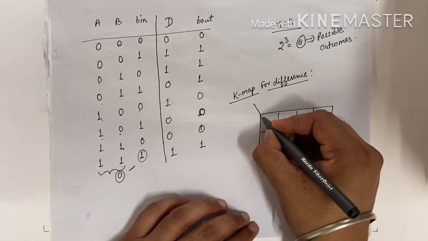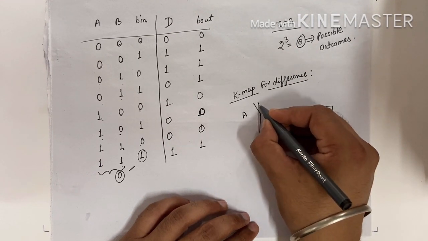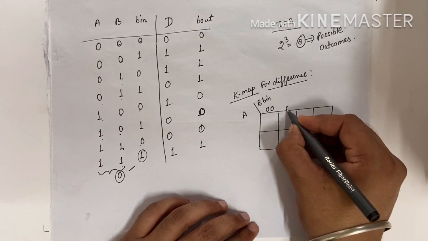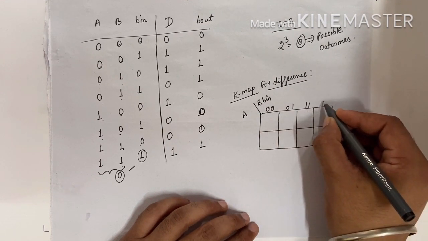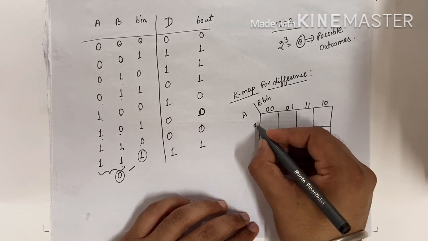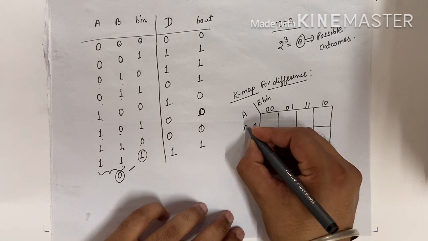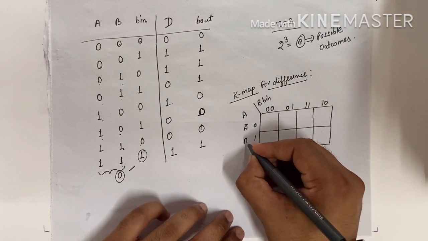We write A here and B input here. This is 00, this is 01, this is 11, this is 10. It is clear.